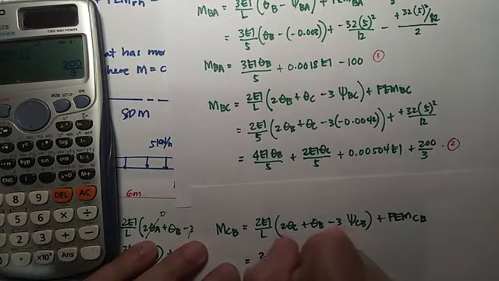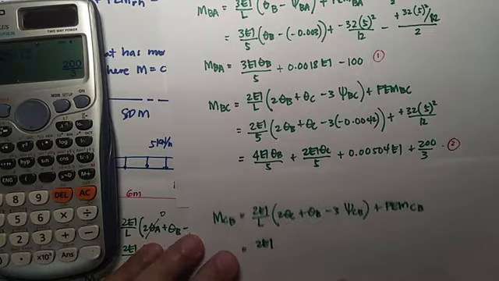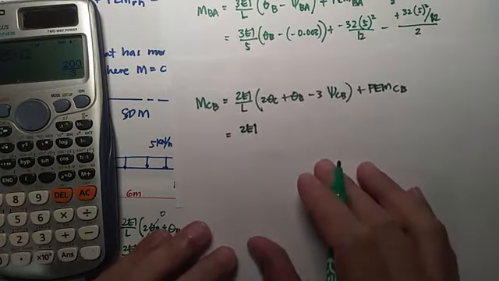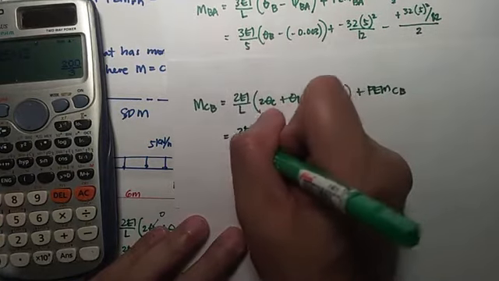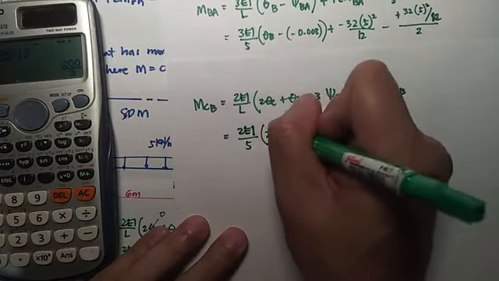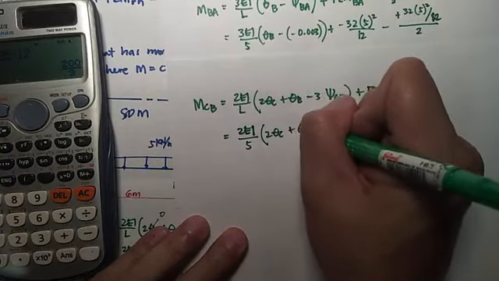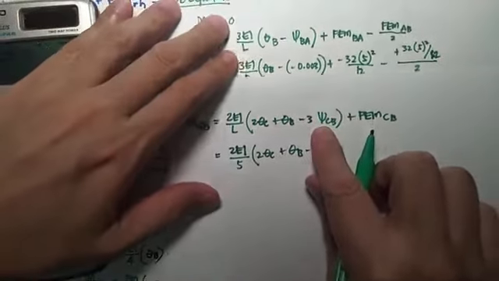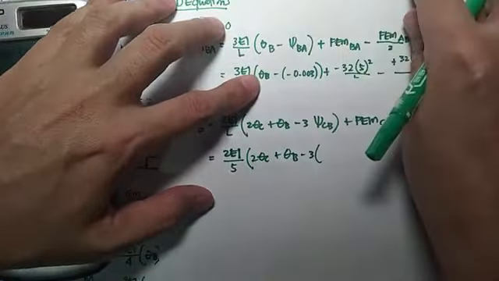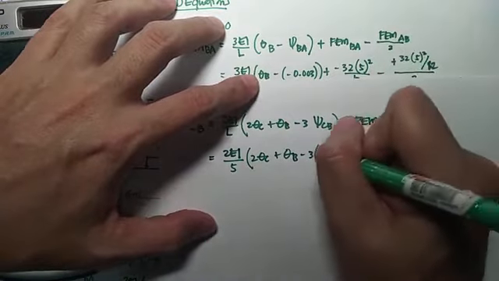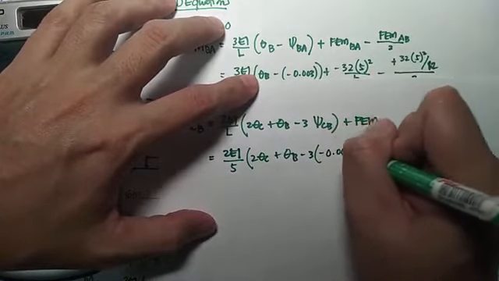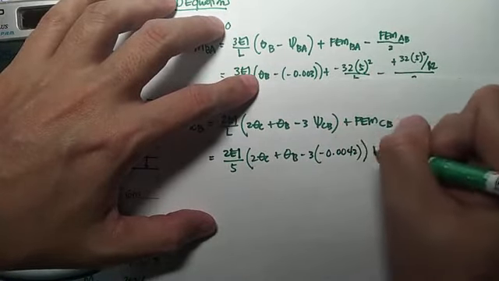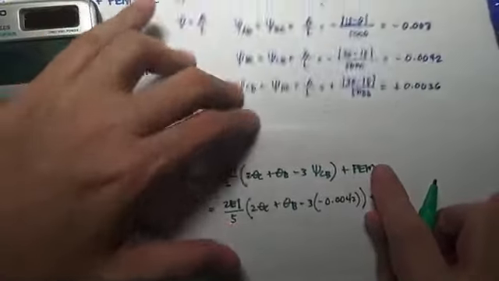Substitute natin. 2EI over L, L is 5 meters. 2 theta C plus theta B minus 3 times psi CB. What is psi CB? Ito, negative 0.0042. So, yung psi plus FEM sa CB.